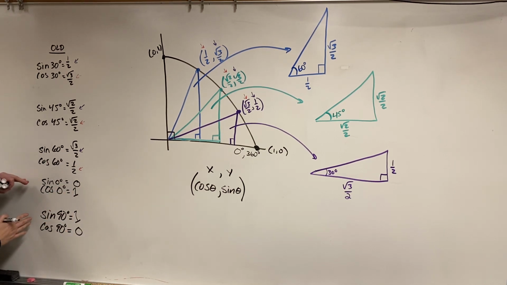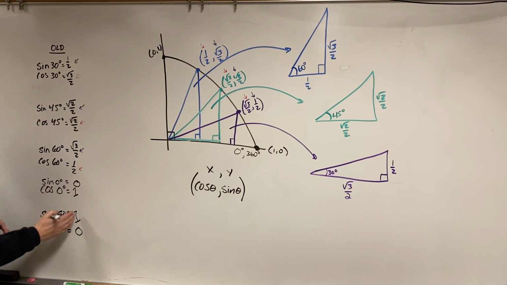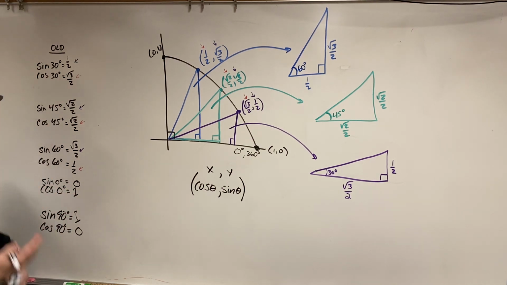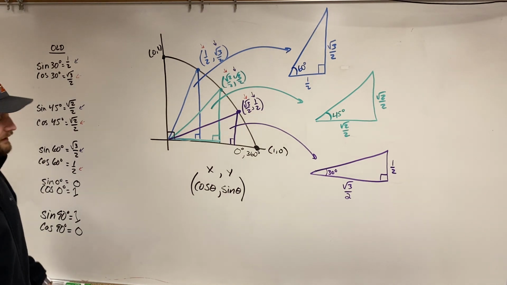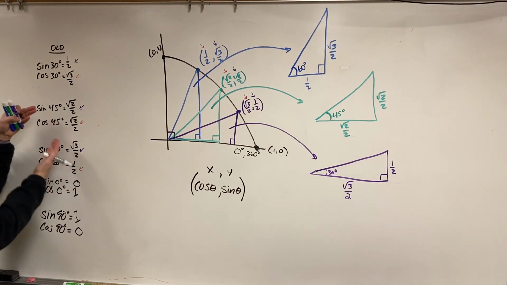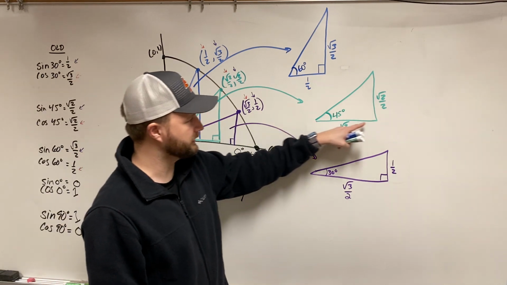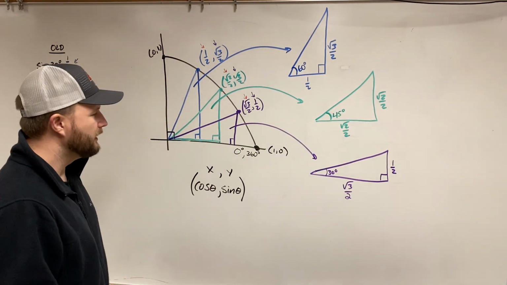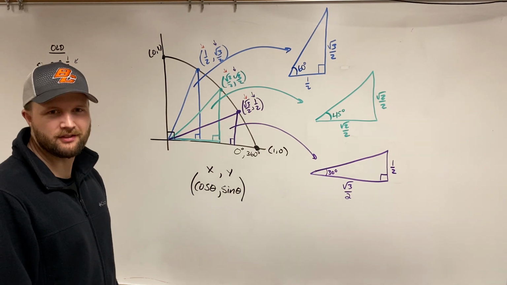So just like 0 and 90, the sine and cosine flip-flop, just like 30 and 60. Same values, it's the same triangle. And of course, sine and cosine of 45 are the same because the opposite and the adjacent are the same.